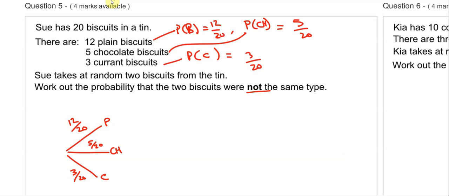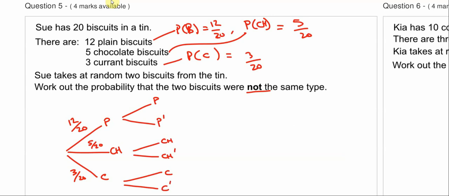What I'm going to do for this second branch is, I only care if they're the same type or not. So I'm going to split this into 2, and I'm going to say plain or not plain. And then I'm going to split this into two. I'm going to have chocolate or not chocolate. And then I'm going to have currant or not currant.